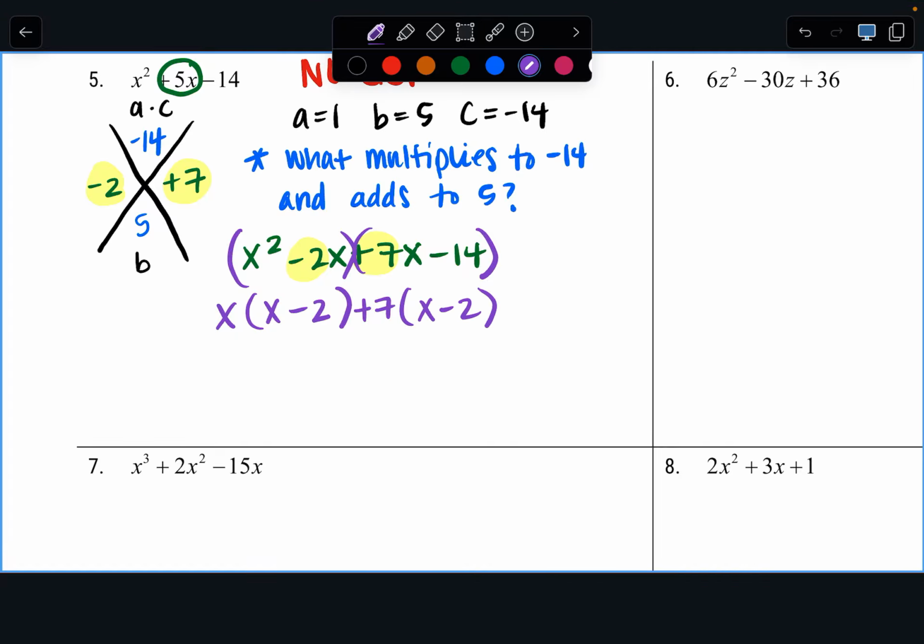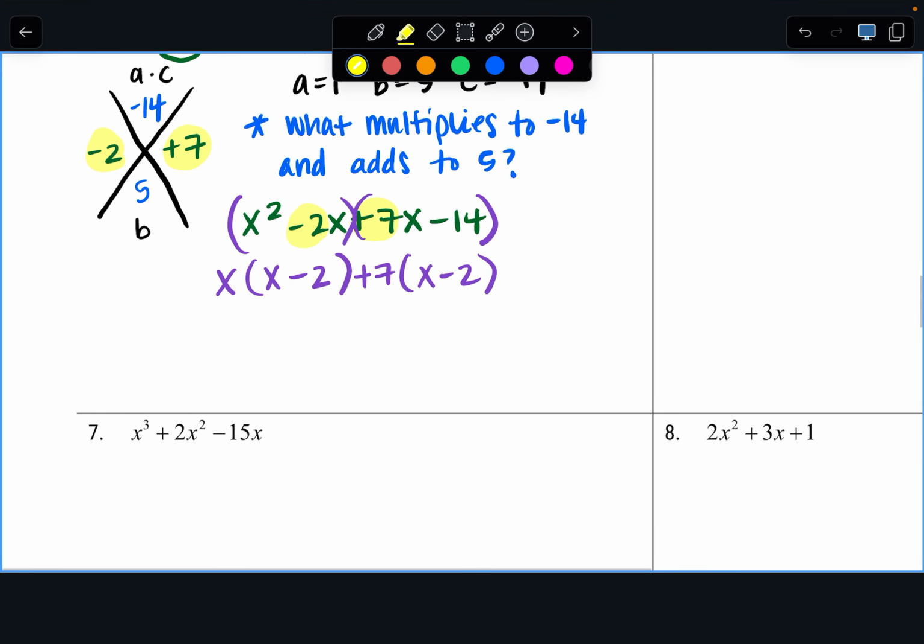Now, here is where the positive or negative makes a difference. The goal of this whole process is that when you've pulled out your 2 GCFs, the parentheses match. Notice that I have x minus 2 and I have x minus 2. If I had pulled out -7, they would not match.